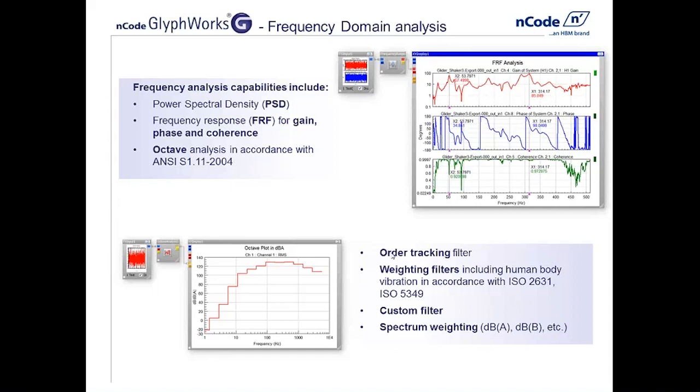So we can apply those filters to signals or as weighting functions to the spectrum. We've got custom filters where the user enters the shape of the definition of the filter he wants to apply, and spectrum weighting, just like again in this plot here, we've weighted the octave plot in dBA.